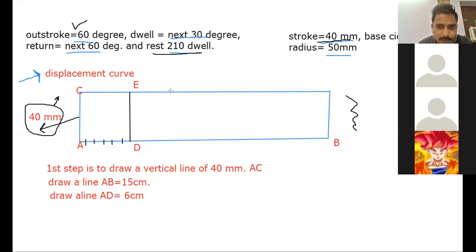Let us make this line here and name it G. So you have to draw a line GH which has 3 divisions. 30 degrees means 3 divisions: 1, 2, and 3.